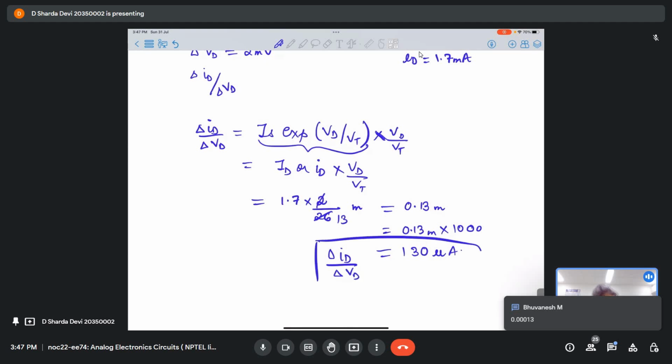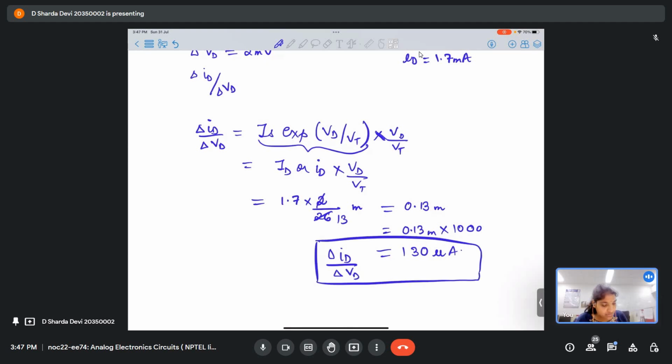So the change in current with respect to change in voltage is actually 130 microamperes. Okay.